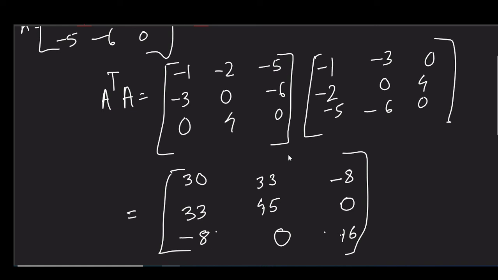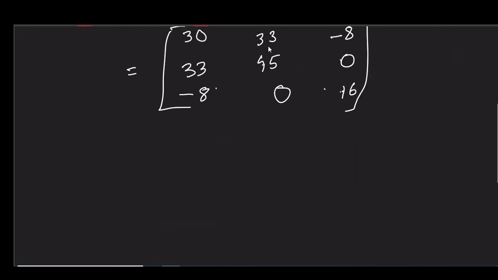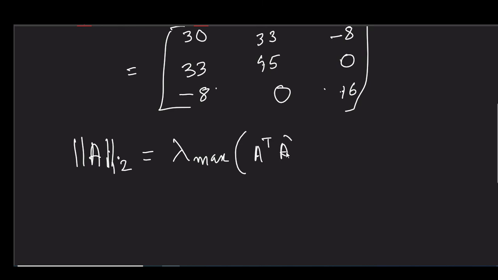Now what is needed is that we have to find the maximum eigenvalue. So for this you will find 3 eigenvalues, and whatever the maximum eigenvalue is, that will give you the second induced norm for this matrix, right?